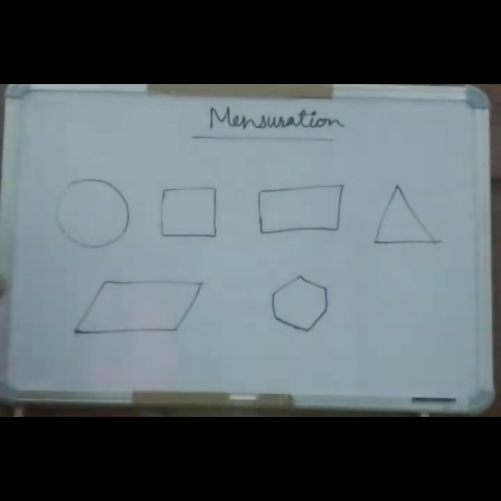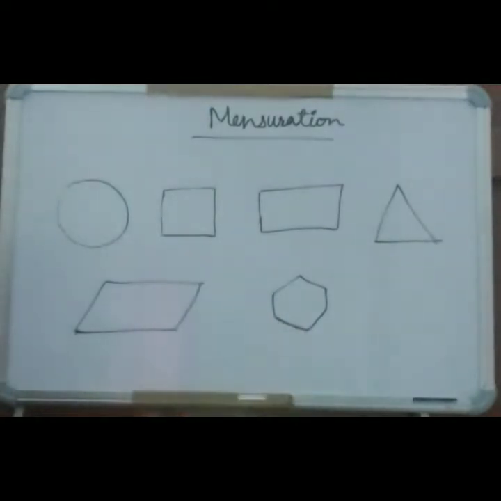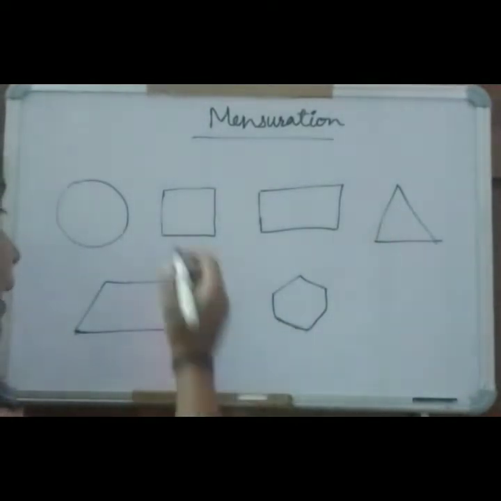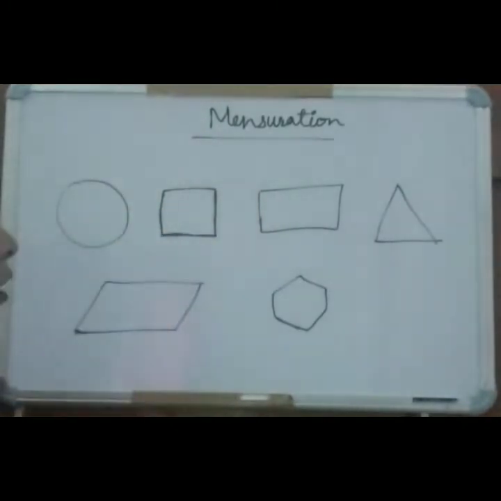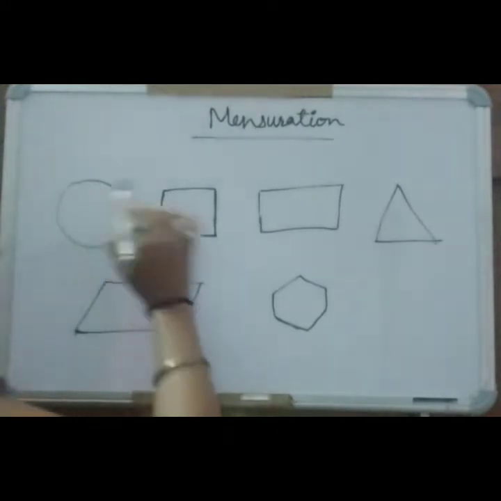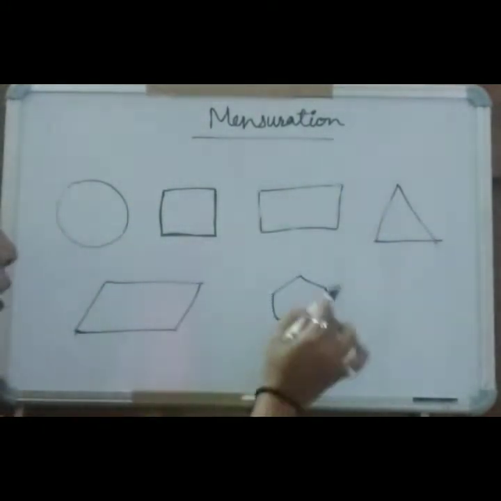Now see, for all these figures we can find out perimeter, and we can find out area also. Perimeter means distance around the figure or distance around its boundary. These all are the boundaries.